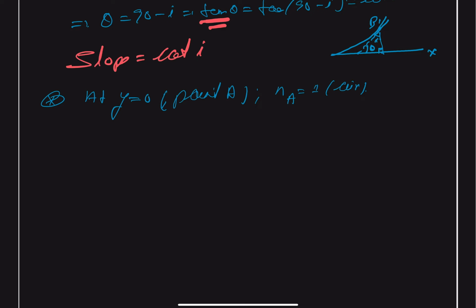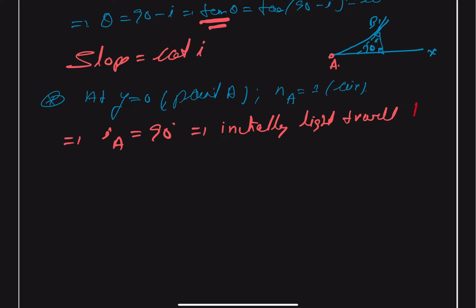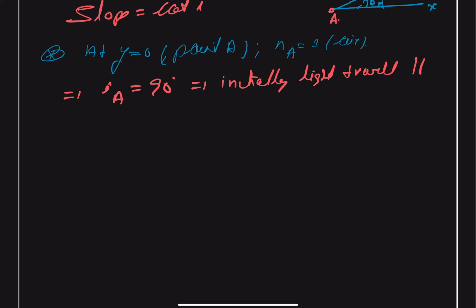And it is said that light enters at grazing incidence. We can say the angle at A is 90 degrees, that is given to us. So from here we can say that initially light travels parallel to the x-axis, and this we can draw from here.